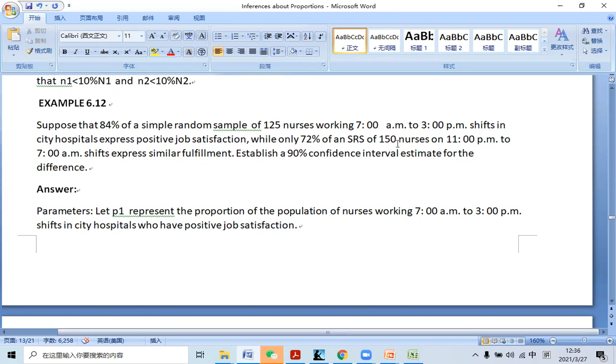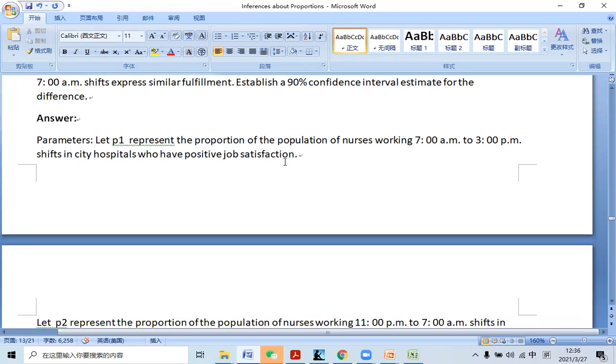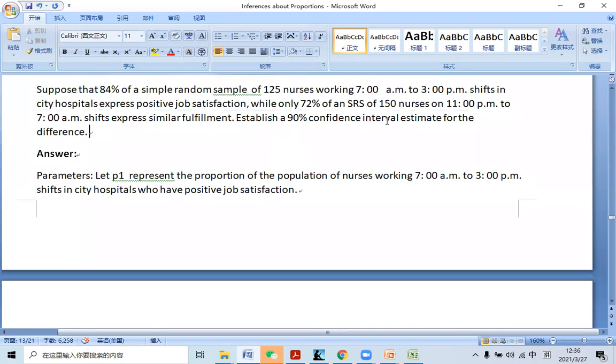For the night shift, we have a sample of 150 nurses. That's the information we have. We measure 150 people from the night shift and 125 people from the day shift. And we want the 90% confidence interval for the difference between the two populations, the populations of night shift and day shift.